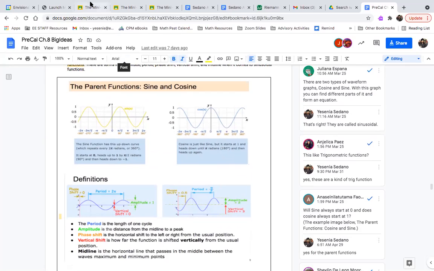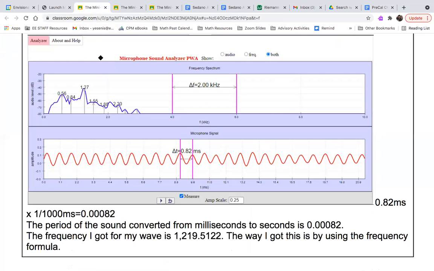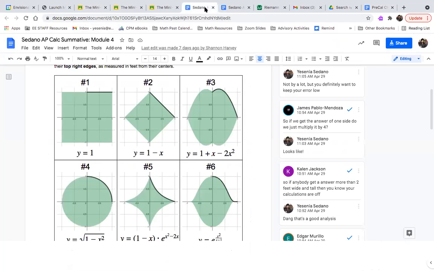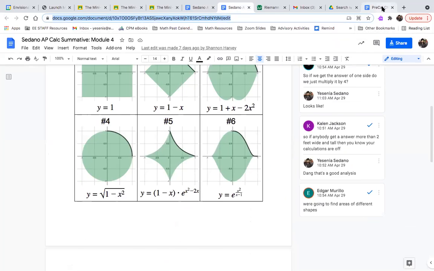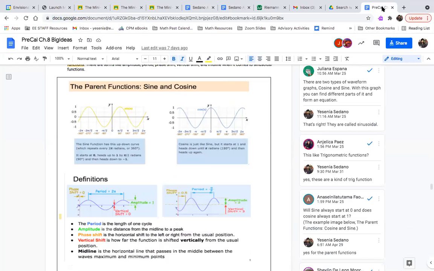So let me go back to yours and let's see how yours starts. Yours actually looks like it's starting around the midline and going up. So would you say yours is more like sine or cosine actually? Probably sine. Yeah, so sine. If you use sine, you don't have a phase shift.